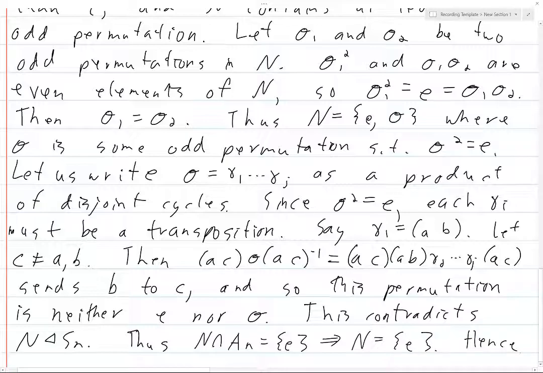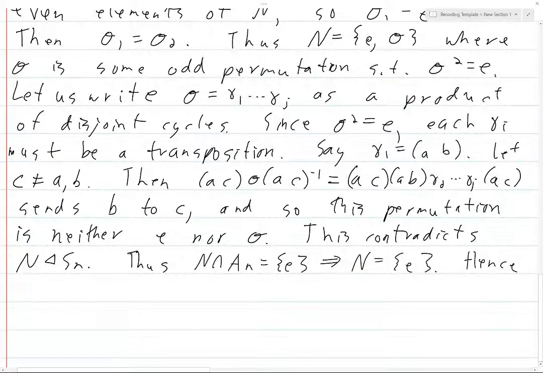Hence, what does this mean? This means that if we looked at all possible scenarios for what N could be, we found that N could be either E, it could be An, or it could be Sn.